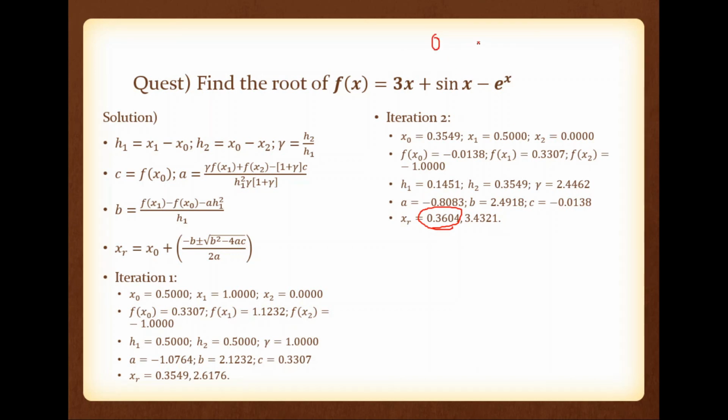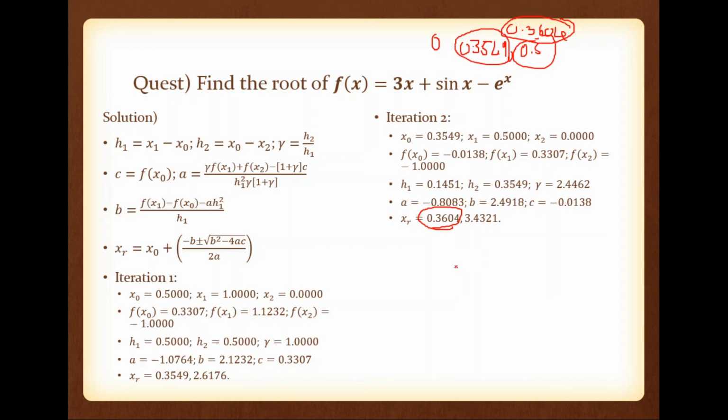These are the initial conditions of iteration number 2. That is 0, then 0.3549, then 0.5. Now we have a new value, that is 0.3604. So this is now the new x0. The rightmost point, the nearest right value, is 0.5. So that is x1. Now this 0.3549 is x2.